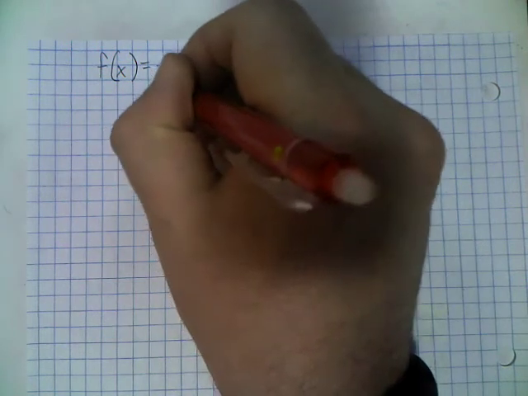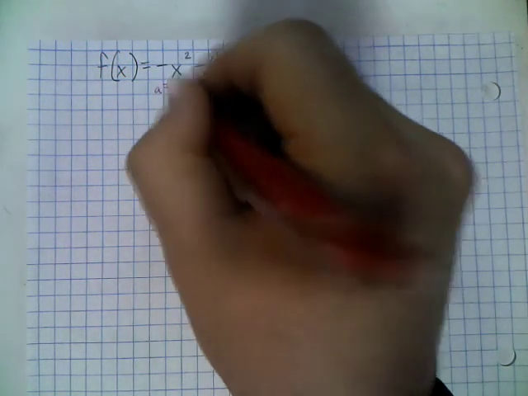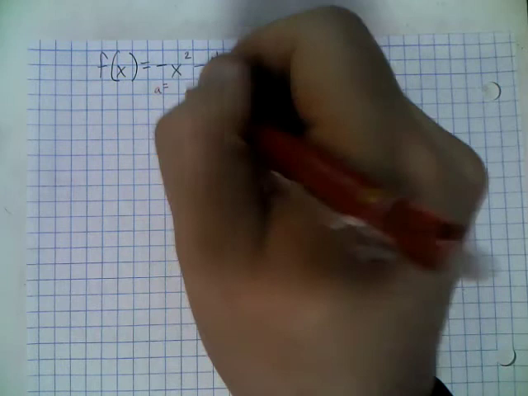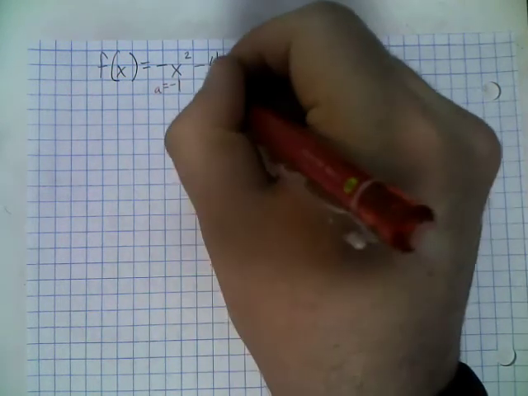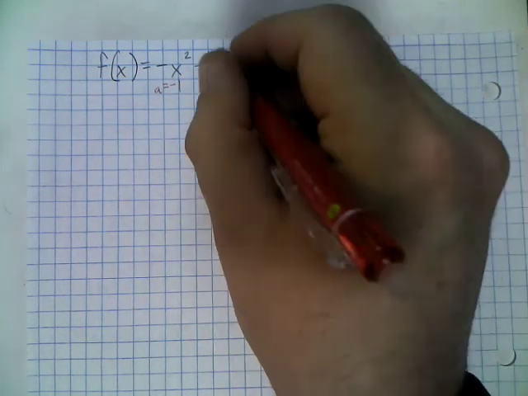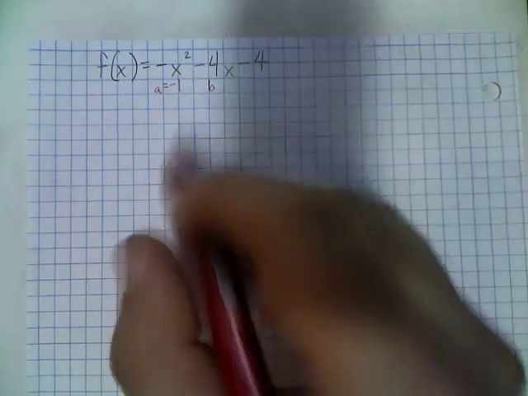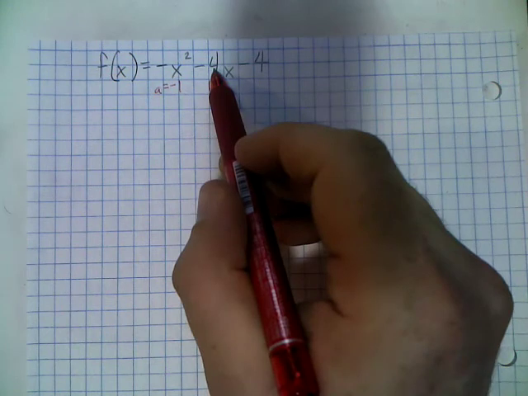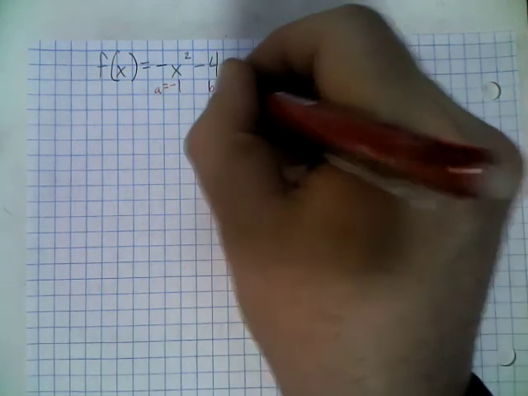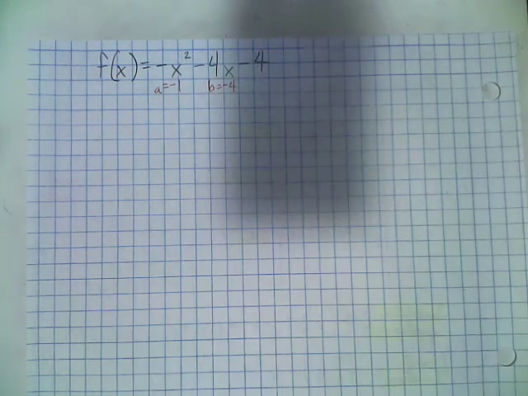All right, so first of all, a here is the coefficient of your x squared. So this is just a negative, which really means it's a negative 1. B is the coefficient of your x. Now remember, minus gets treated as a negative. So this is really a negative 4x. So b is a negative 4.